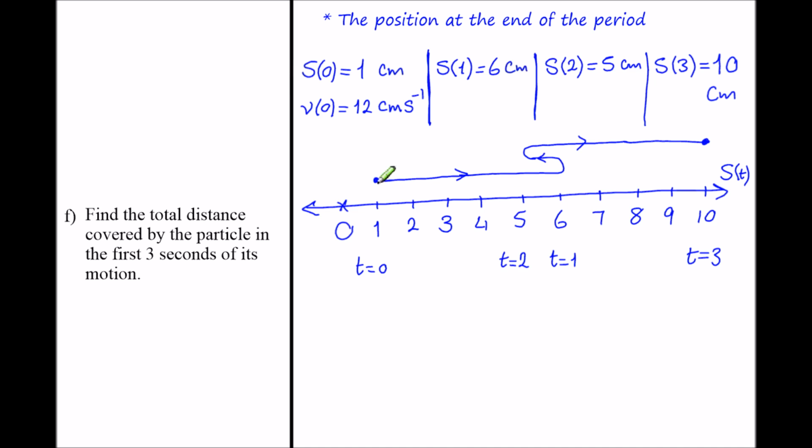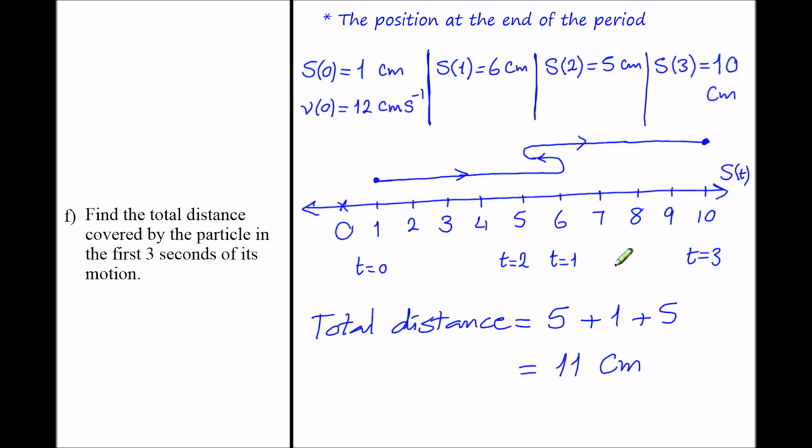The object started here, it moved from 1 to 6, that's 5 units, and then came back from 6 to 5, that's 1 unit, and then from 5 to 10, that's another 5 units. The total distance traveled would be 5 plus 1 plus 5, which is 11 centimeters in total, in the first 3 seconds of its motion.